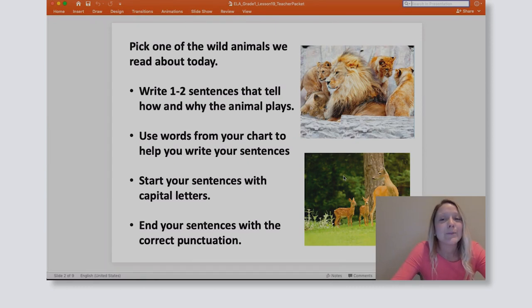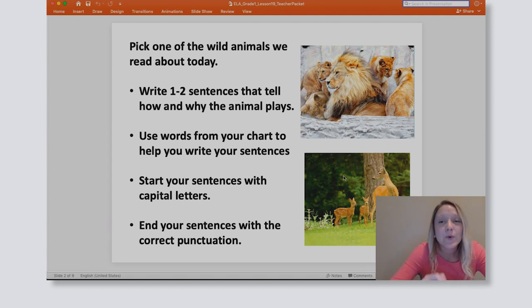Now, I asked you to pick one of these wild animals to write about, right? Now, today, our goal is to ask and answer questions in order to retell those key details about our text, okay? So we're going to be expected to, right at the end of today's lesson, also to retell. And our story today is Why Animals Play.